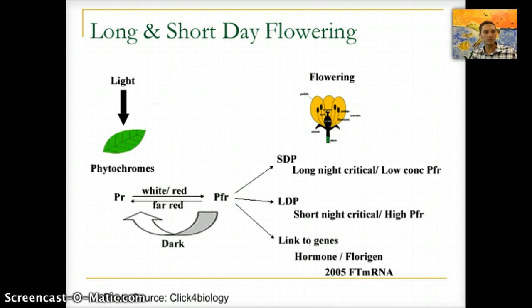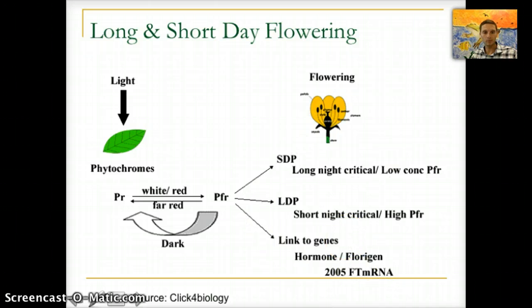This phytochrome protein in plants is what is absorbing the light. It absorbs light in a particular wavelength, and it can change its structure based off of the wavelength that it is absorbing. So the two different structures can either be PR or PFR. And the PFR structure is what controls the onset of flowering.